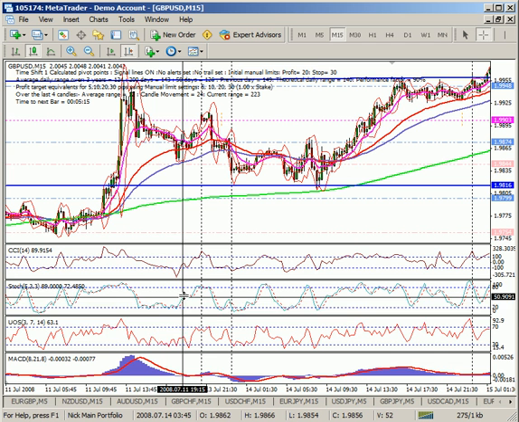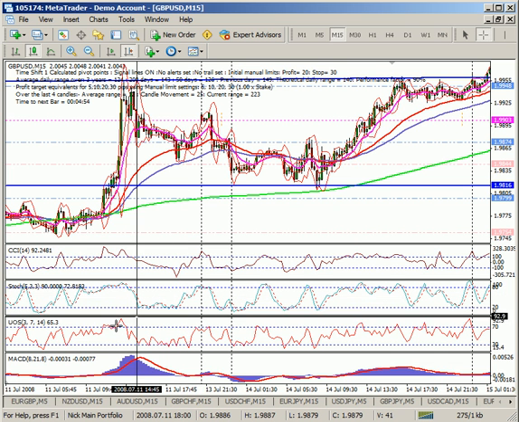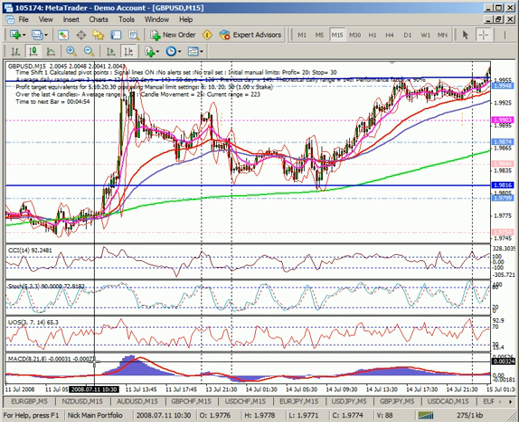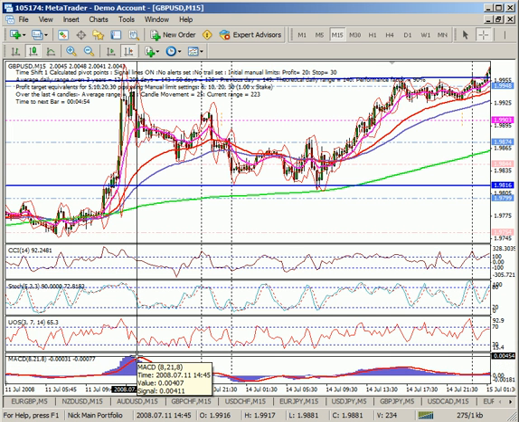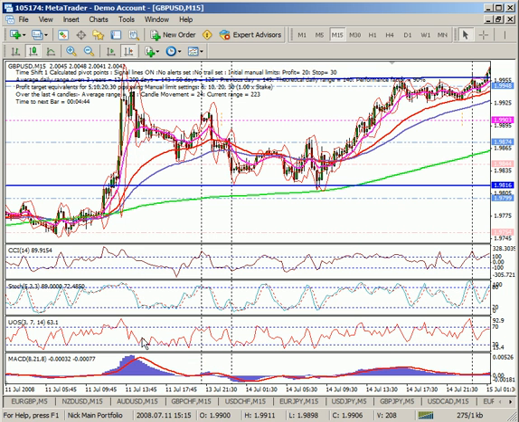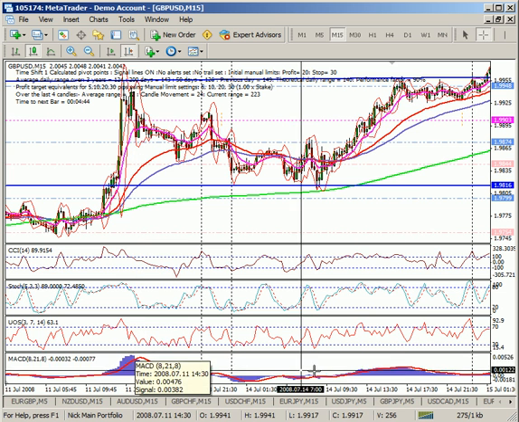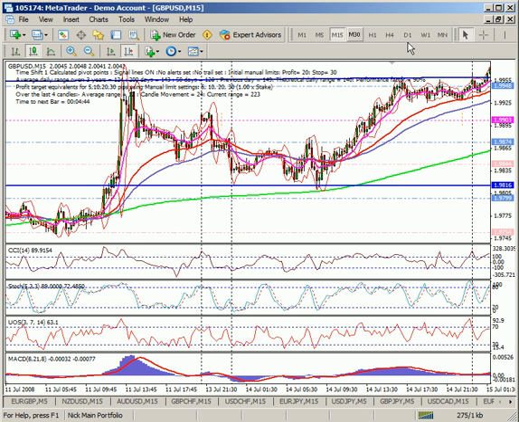The second major point is this diagram down here. This is MACD, the histogram, and I like to use something called MACD divergence. This is when the price action is moving equal to or higher, and the MACD is showing lower. I'll get my little drawing line out, and I can show you.